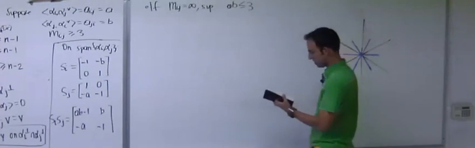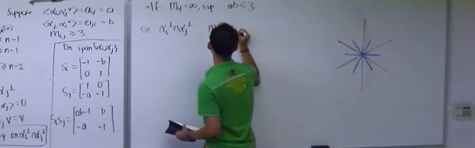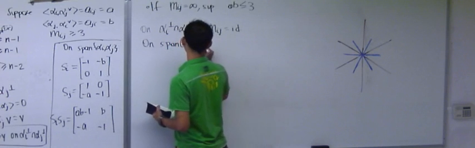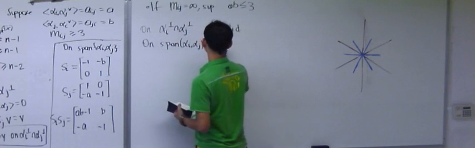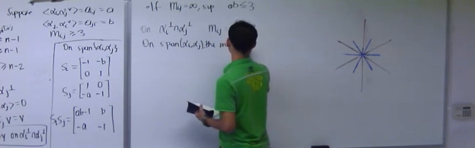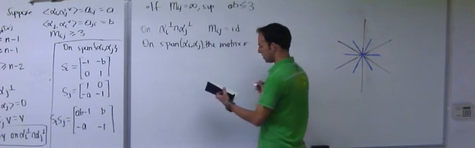Okay. So again, on alpha i perp intersect alpha j perp, Mij is the identity. And on span of alpha i and alpha j, the matrix is, well, it depends.